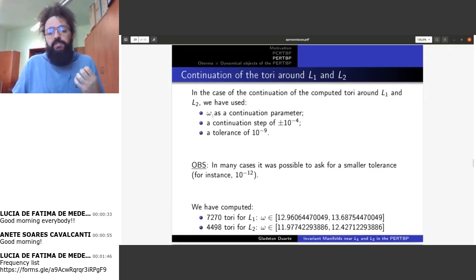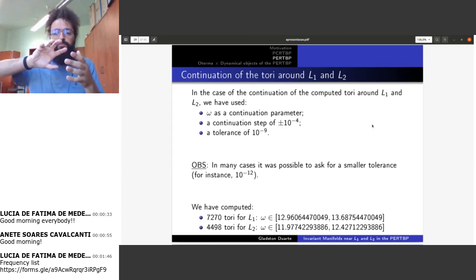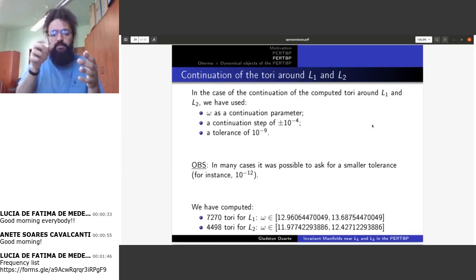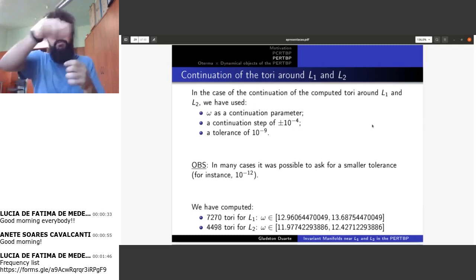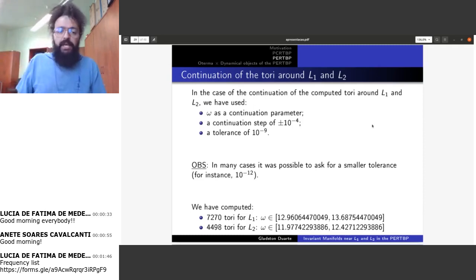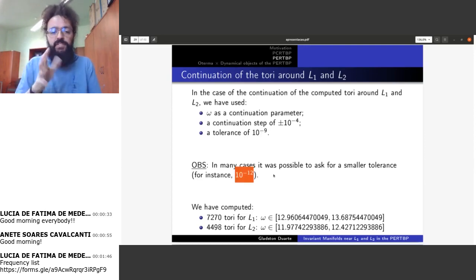For our purposes, we have used the rotation number. The rotation number is a way of parameterizing the torus. It is how much it rotates from one step to the other. We have used a continuation step of 10 to the minus 4 and a tolerance of 10 to the minus 9. We could have used more rigorous tolerances, but in some regions it had some problems.